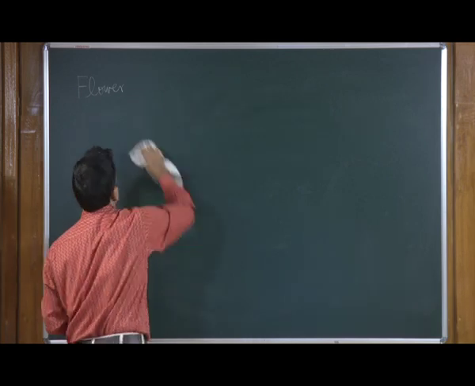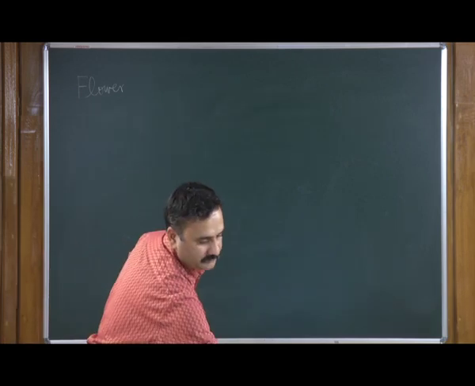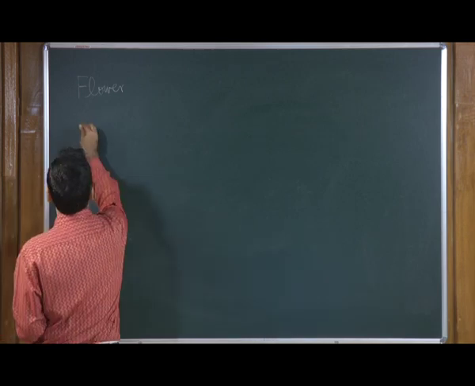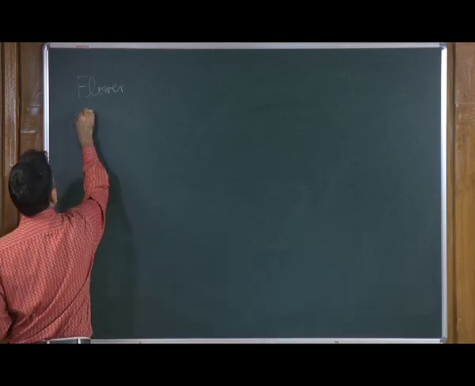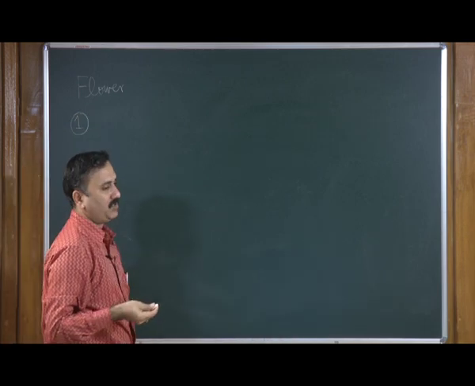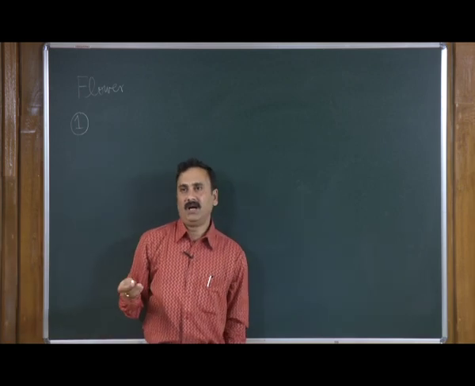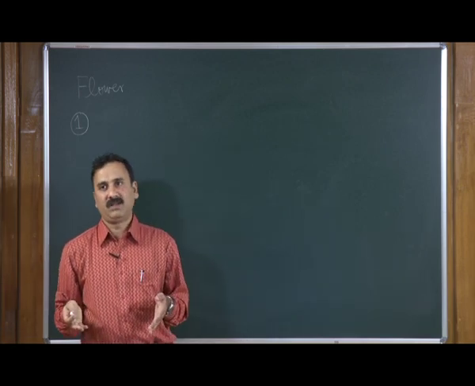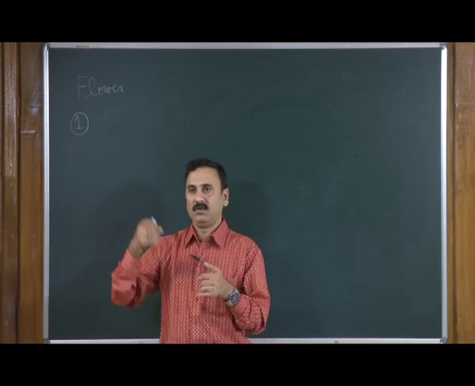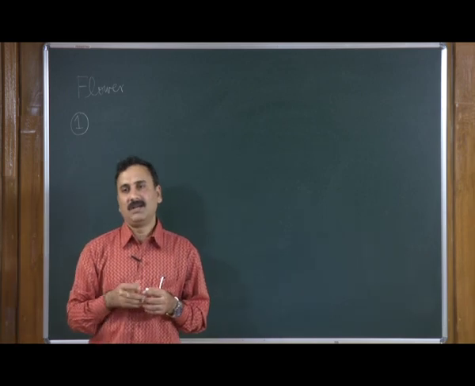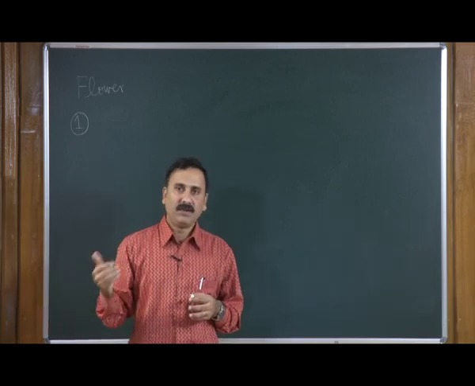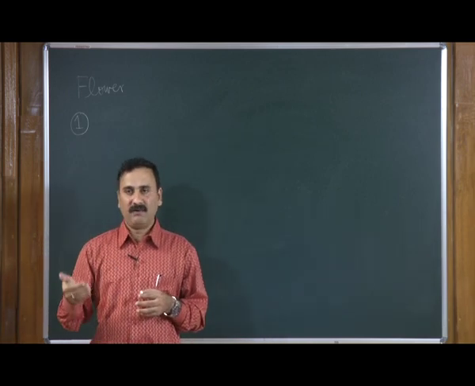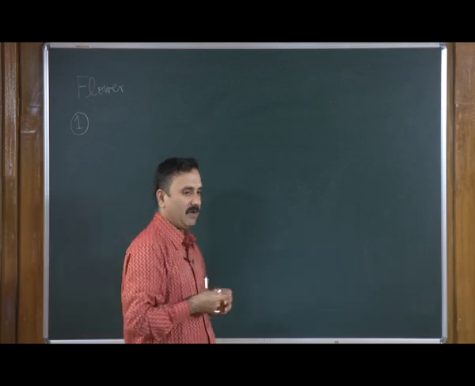So, what is the function of a flower? What is the utility of evolving a very primitive sex organ or sexual reproduction into a very specialized sexual machinery, because it has evolved into a flower. And what is the function of a flower?